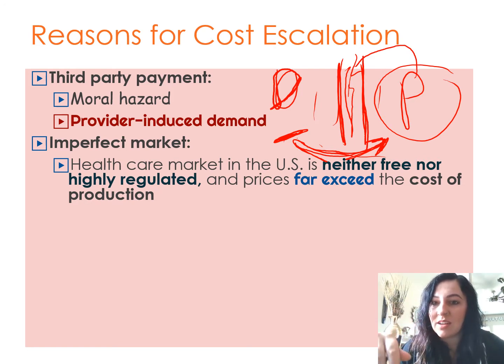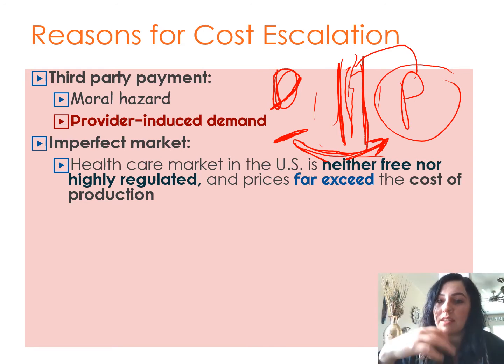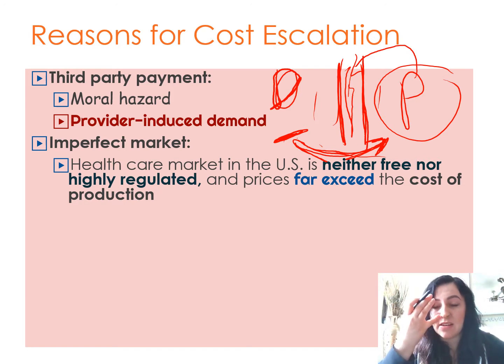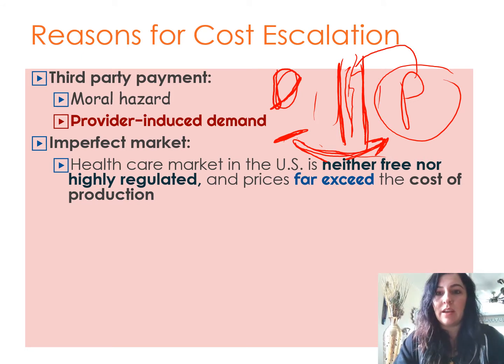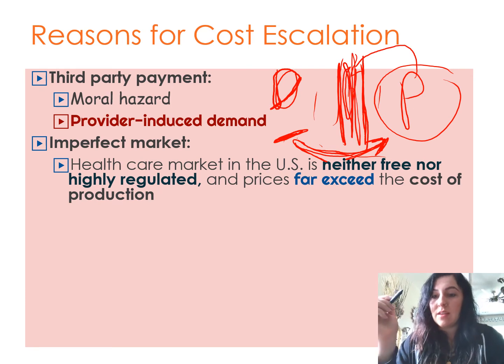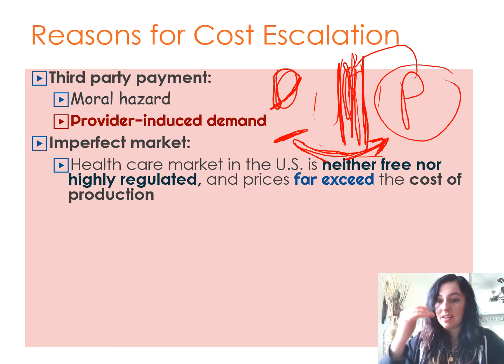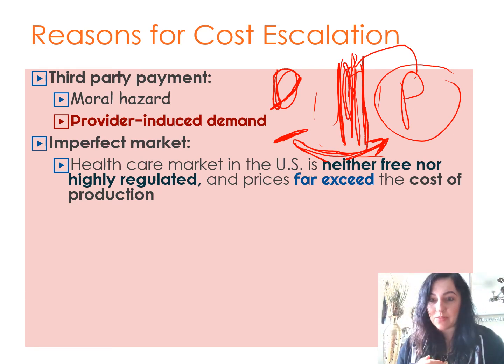Okay, so the doctor's going to be like, okay, well, I'm going to diagnose you as such and such, and I'm going to collect this money for this treatment that I know the insurance company will pay for. Okay, and they're just totally insulated like that. The doctor doesn't really have to compete so much with other providers, because the insurance company usually gives a list of providers that the patient can go to.